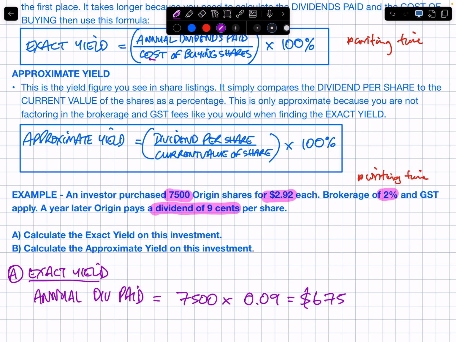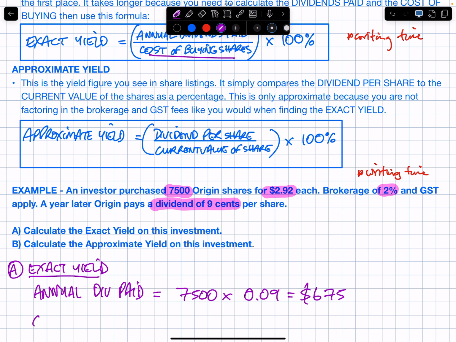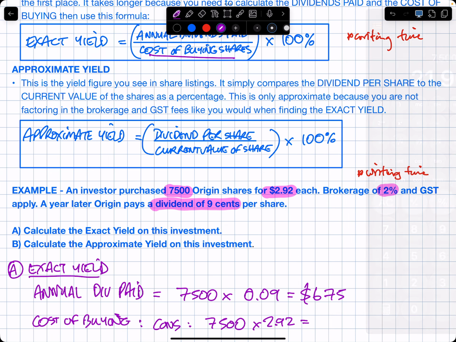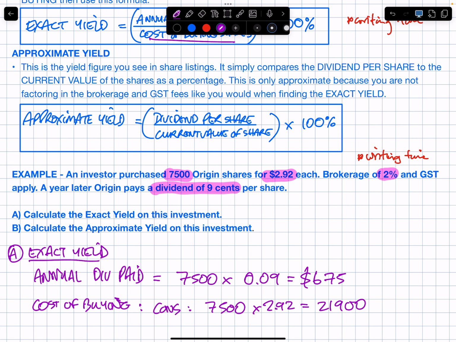Now I need the cost of buying the shares in the first place. Third lesson down, we did cost of buying. What are the three parts to a buying calculation? The consideration will be 7,500 times $2.92. 7,500 times 2.92, $21,900. Second part of a buying calculation.